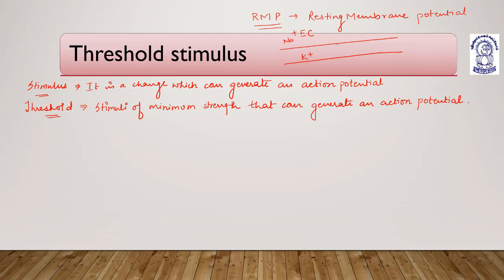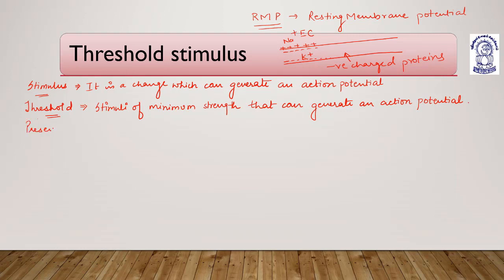The outer part of this membrane is positively charged because of the accumulation of positively charged particles, cations like sodium, and the intracellular part is negatively charged because of negatively charged proteins. So these negatively charged proteins make the inner part negative.